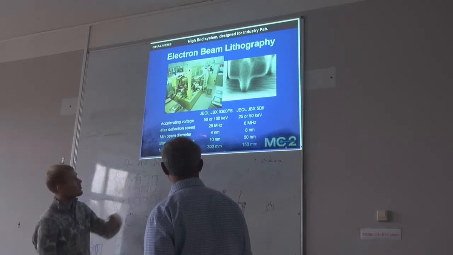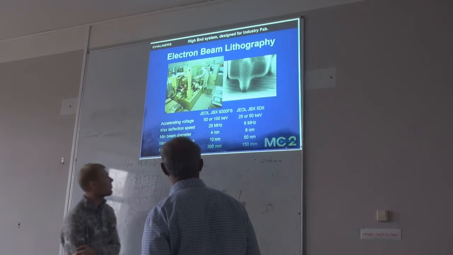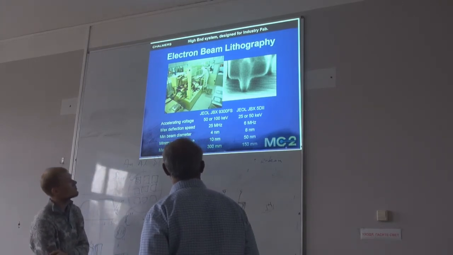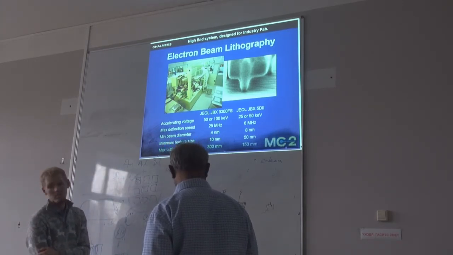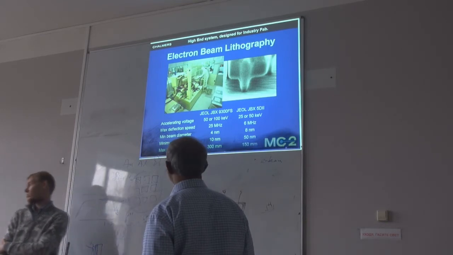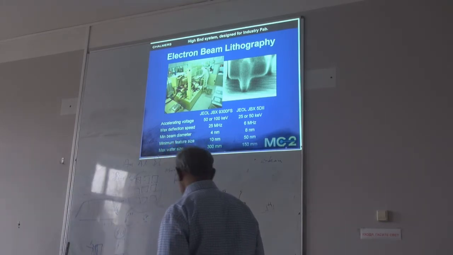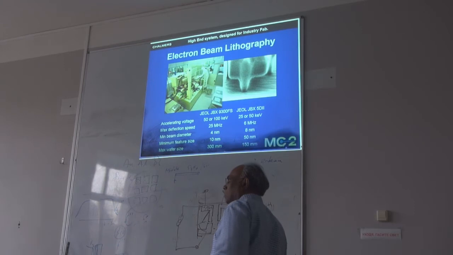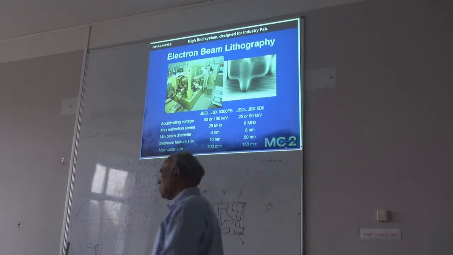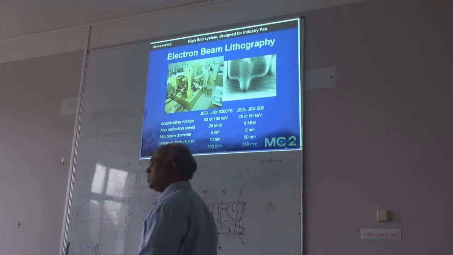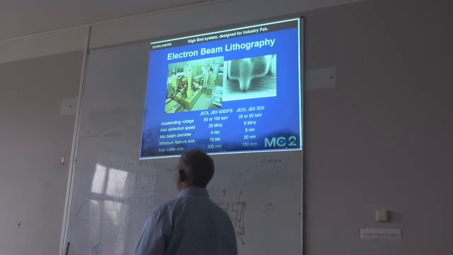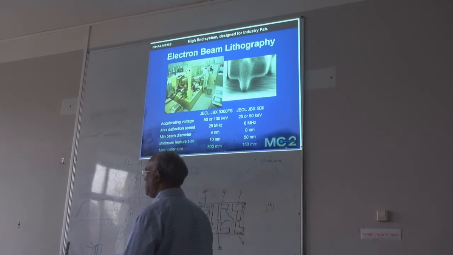So your beam diameter you can... 4 nanometers. 4 нанометра, сколько атомов там? Несколько десятков. То есть там ангстрем, да? И где-то 40, да? Это 40 ангстрем, это 10 атомов. 10, да.